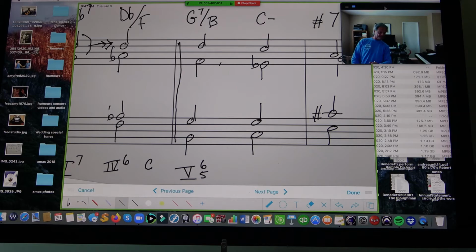So if that is the chord, then I've determined probably what the key is. G7 is going to C minor, and there's no way that G7 would go to C minor in the key of C major. It's the key of C minor.